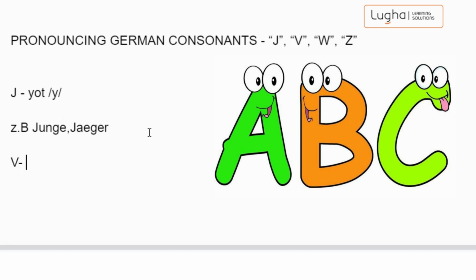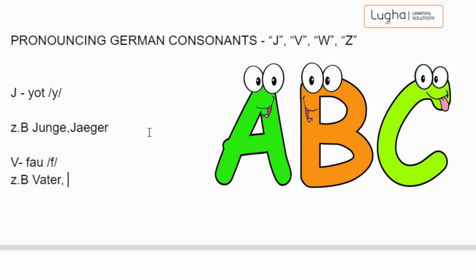Now let's go to the next one, which is V. And V is called Fau in German. And again, just like its name suggests, it makes the sound F. Zum Beispiel, we have the word Vater, Vater, okay?